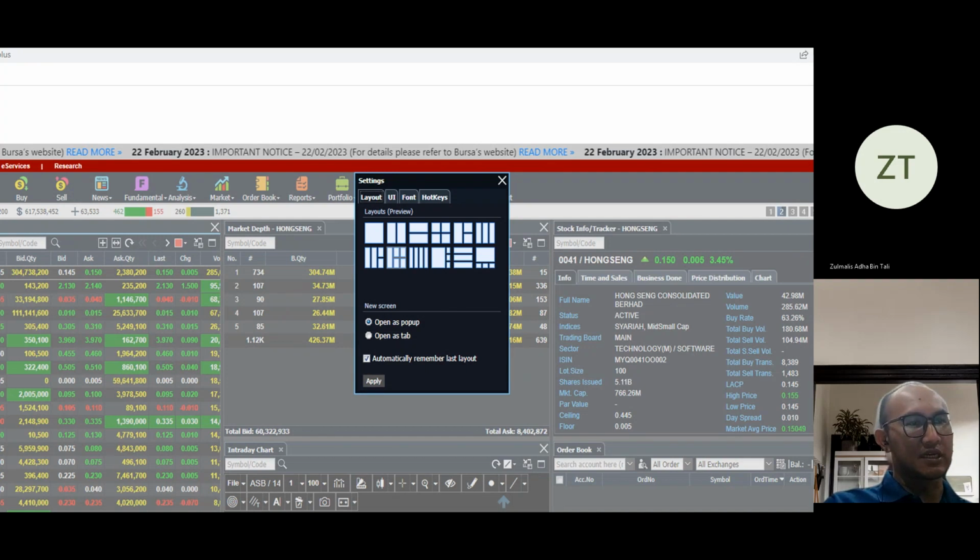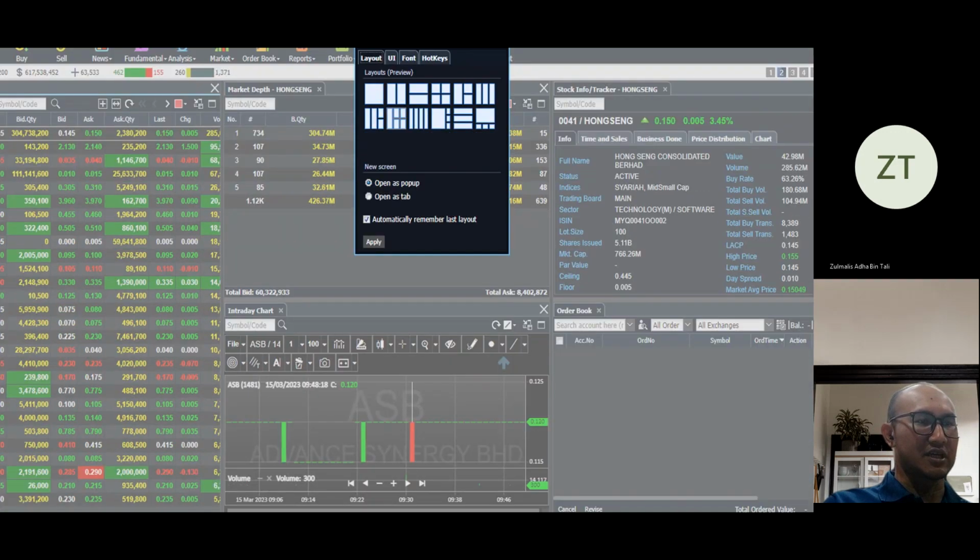Under setting, choose which layout you are happy with, then click apply. You can see my screen here, I have multiple information under one screen.